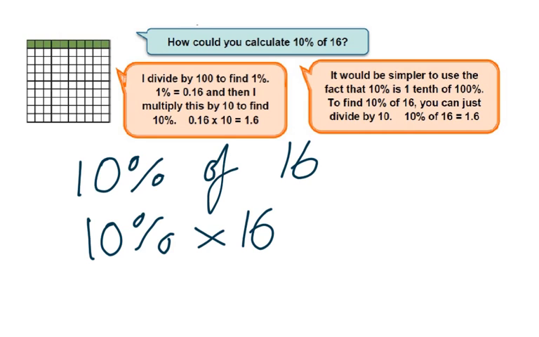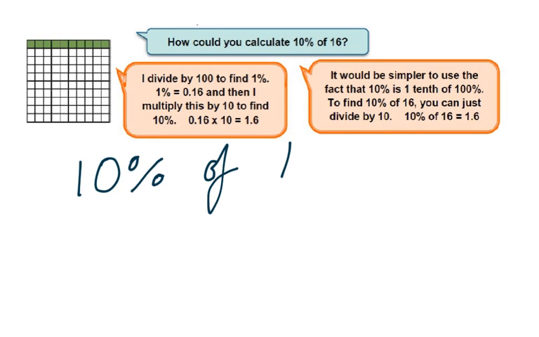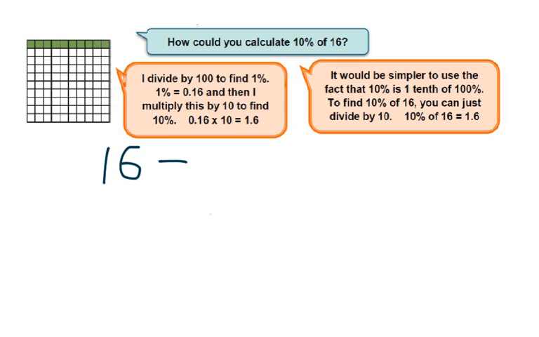To find that percentage, I need to divide by 10. If you look at the diagram, you can see that 10% of 100 is 10. To find that, I would do 100 divided by 10. So what I need to do is the calculation 16 divided by 10, and that will give me my 10%.